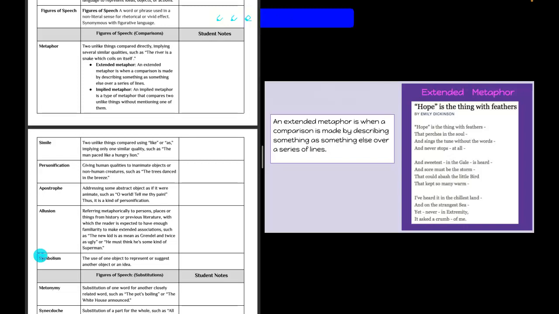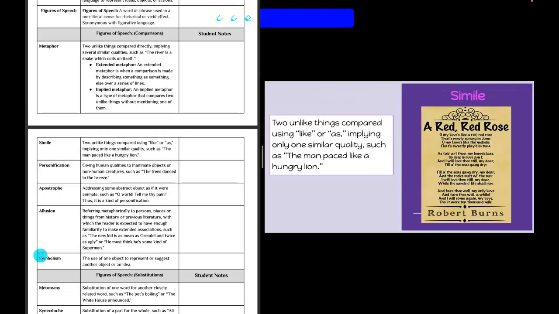And sweetest in the gale is heard, and sore must be the storm that could abash the little bird that kept so many warm. I've heard it in the chillest land and on the strangest sea, yet never in extremity it asked a crumb of me. So the entire poem is about hope. The entire poem is that hope is a thing with feathers, which is extended throughout the poem.